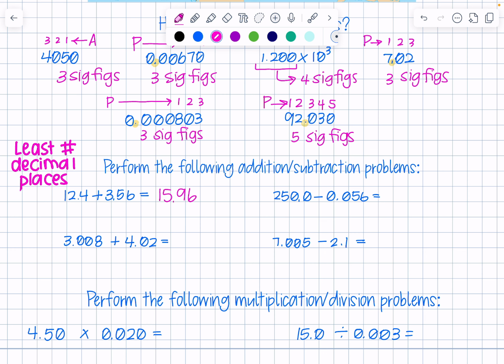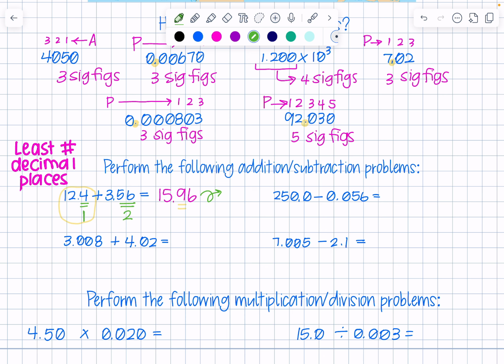Then you want to look back at the numbers that you were working with in the problem, right? 12.4 has 1 decimal place. 3.56 has 2 decimal places. Your job is to round your answer so that it matches the least number of decimal places. So in this case, 1 decimal place is the least number of decimal places. So I want to round to that first decimal place.